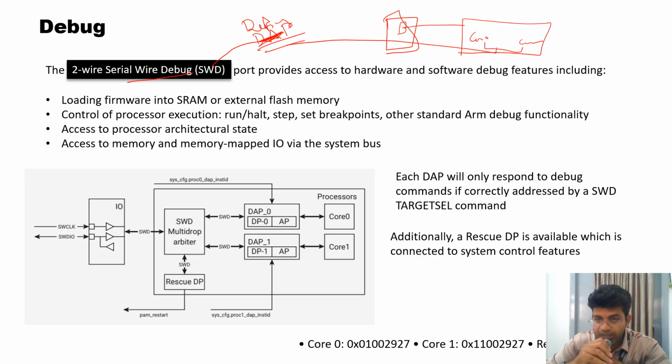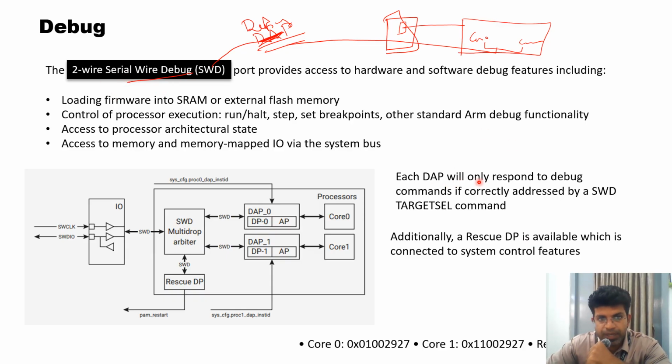I can directly access the processor's architecture state. I can see how the memory and other input output devices are being connected, how the address is being done. Everything I can debug using this particular facility, or this particular option, right?